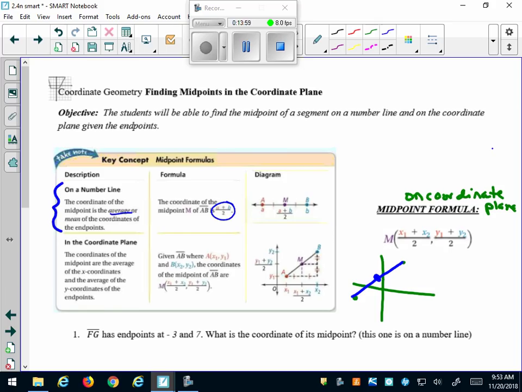However, when you get to this midpoint formula on the coordinate plane, it's the same idea, except you've got x coordinates and y coordinates. So you have to find the average of the x coordinates first, and that's your new x, and then the average of the y coordinates, and that's your new y. Okay?